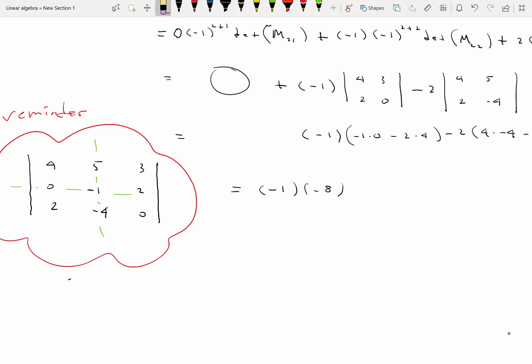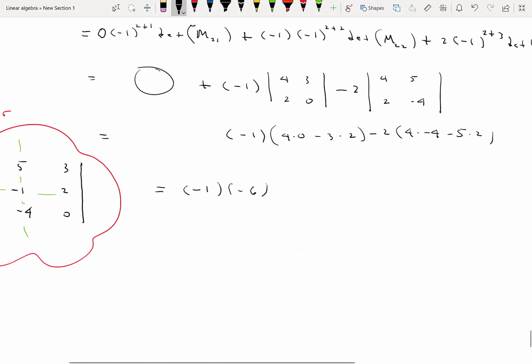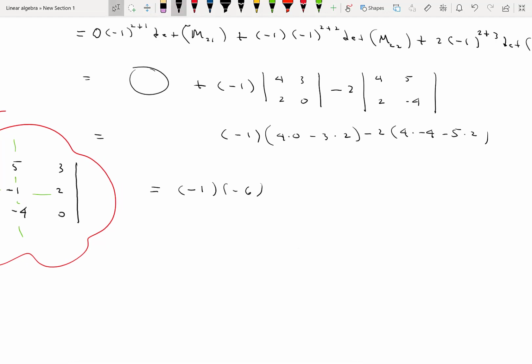So that changes our work here. 4 times 0, 3 times 2, changes it to -1 times -6. That's better. And I think my last minor computation is correct.